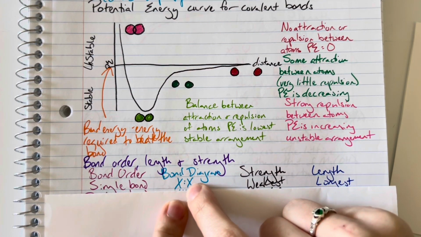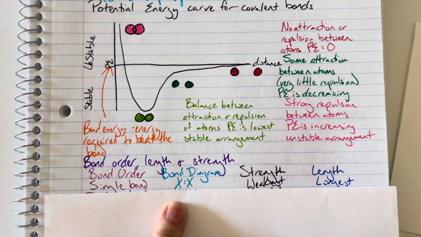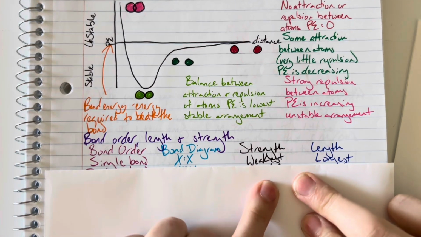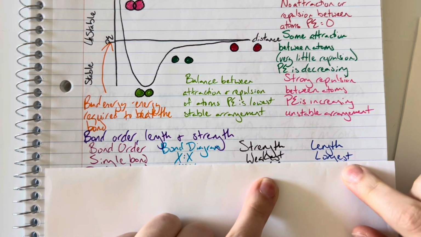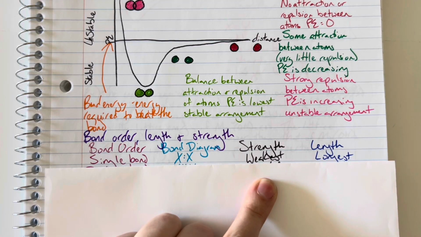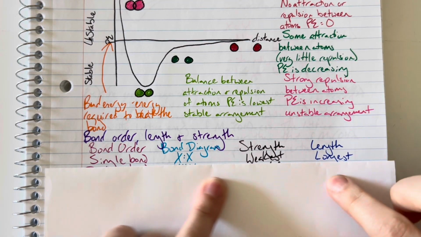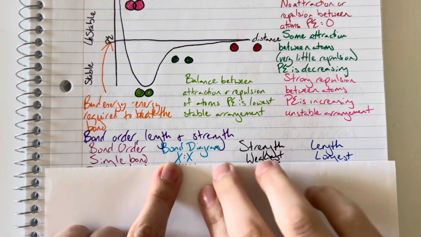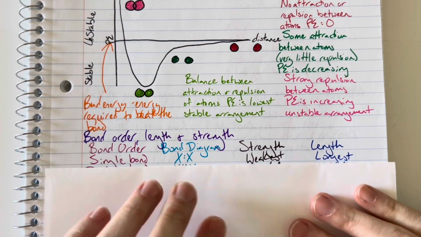That's also an option, but the stacked version here is an option for what the bond diagram could look like. And this is going to be our weakest type of bond, and it is going to be our longest length between the actual nuclei of the atoms involved.